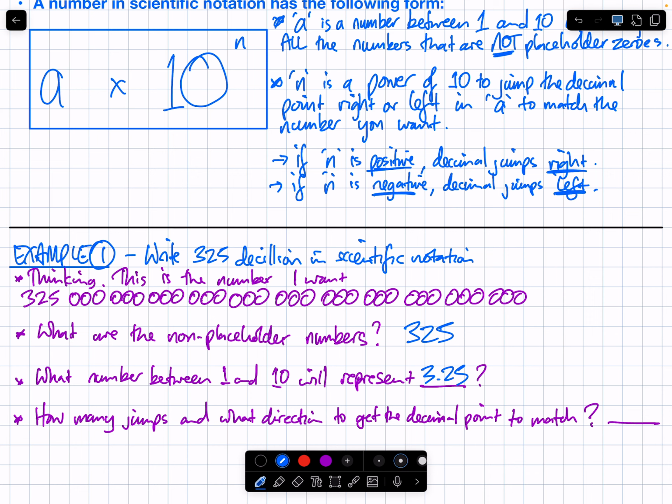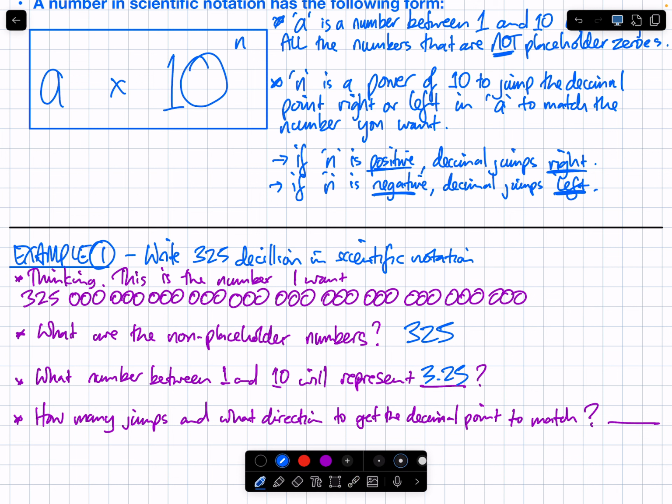But this is the tricky part. I told you, trust. What does that mean? Let me show you. How many jumps and what direction to get the decimal point to match? You just decided that your number is 3.25. What two numbers is the decimal point in the middle of in 3.25? 3 and 2.